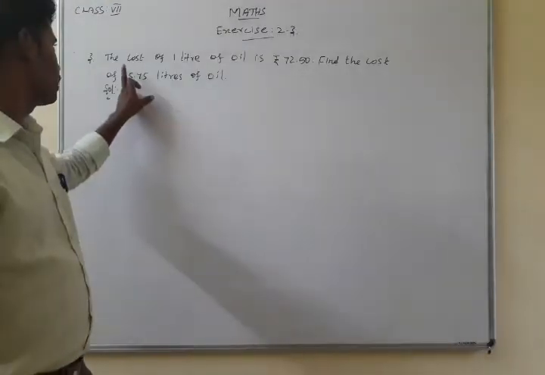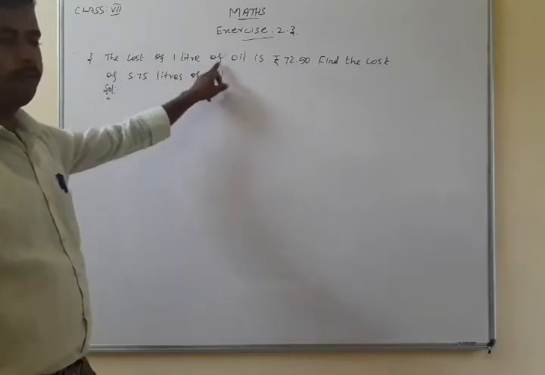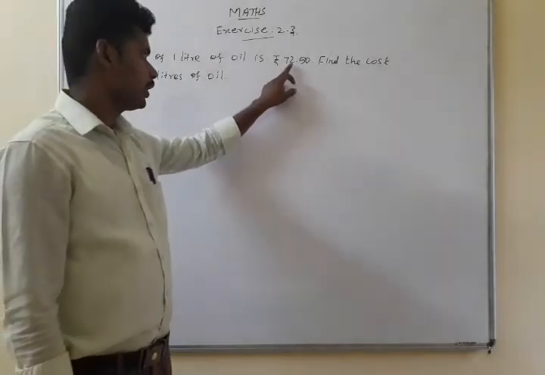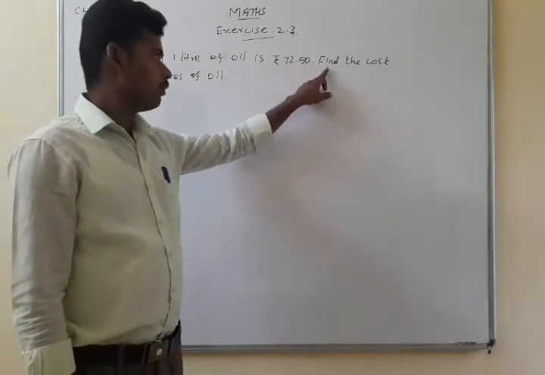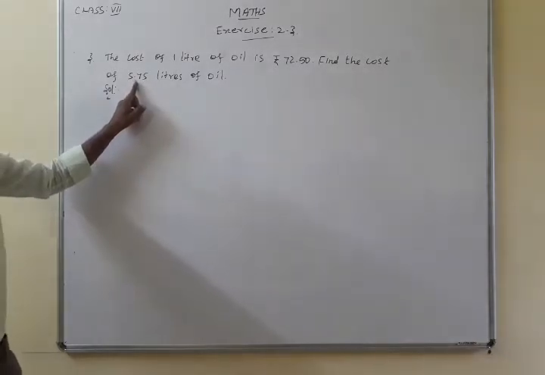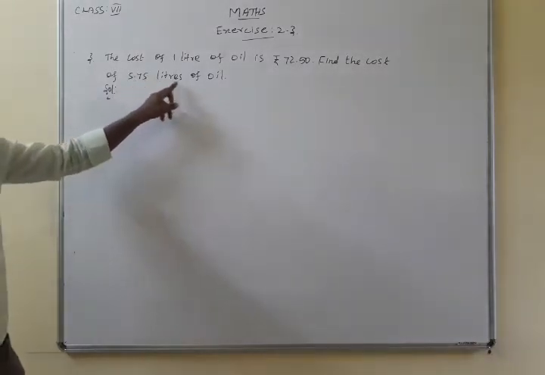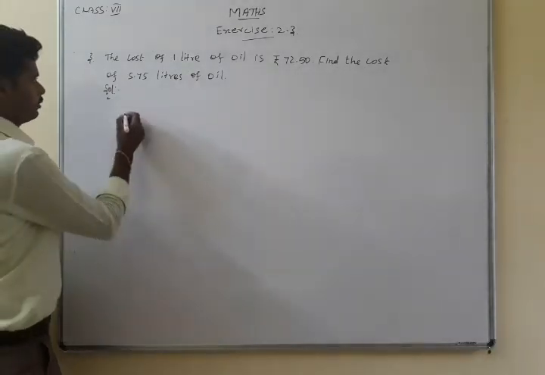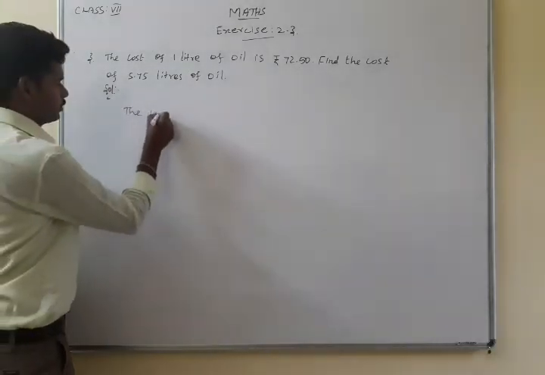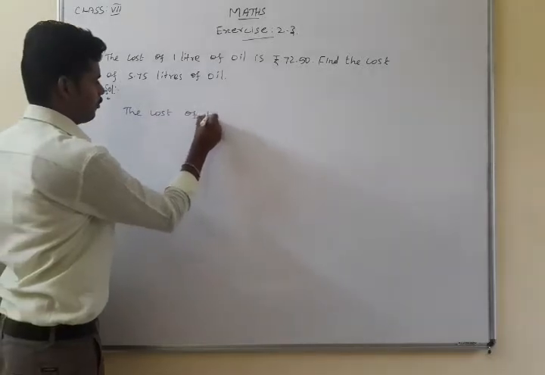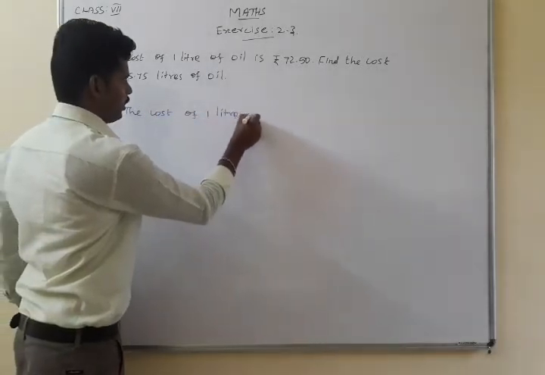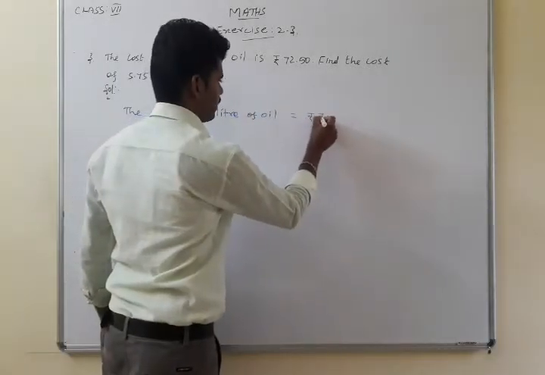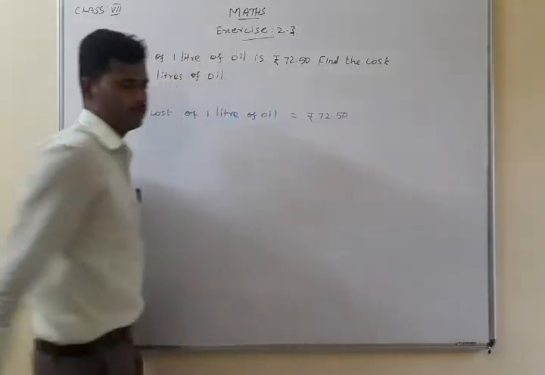Next one, third question. The cost of 1 liter of oil is rupees 72.50. Find the cost of 5.75 liters of oil. Now, solution. The cost of 1 liter of oil is rupees 72.50.